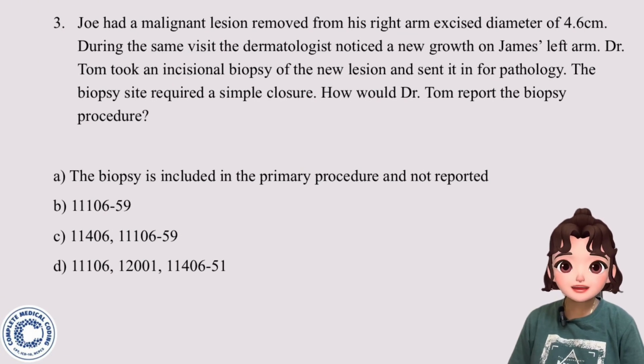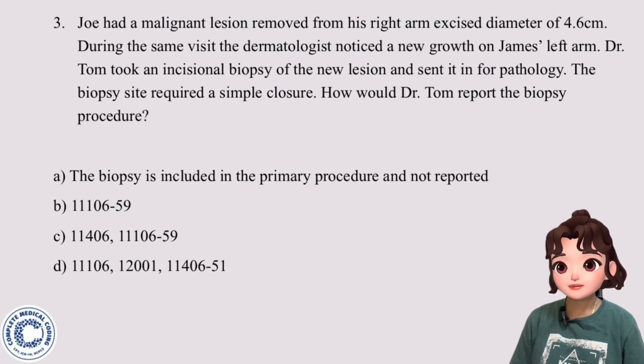So this is what the exact code is, 11106, incisional biopsy of skin, including simple closure for a single lesion. This is a single lesion, right, from the left arm. If you want, you can check the other code also. What is 11406? 11406 is excision benign lesion. No, this is incisional biopsy and this is not excision. So you can't use that procedure.